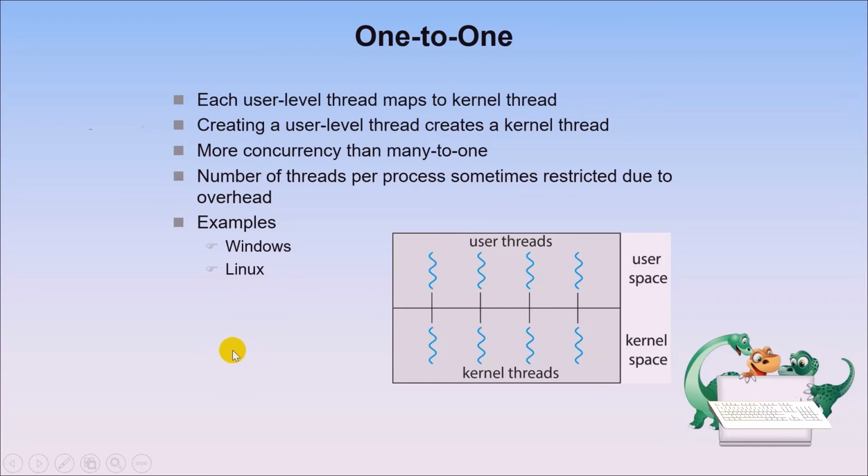However, the overhead of managing the one-to-one model is more significant, slowing down the system. So most implementations of this model place a limit on how many threads are created. These are implemented on Windows and Linux.